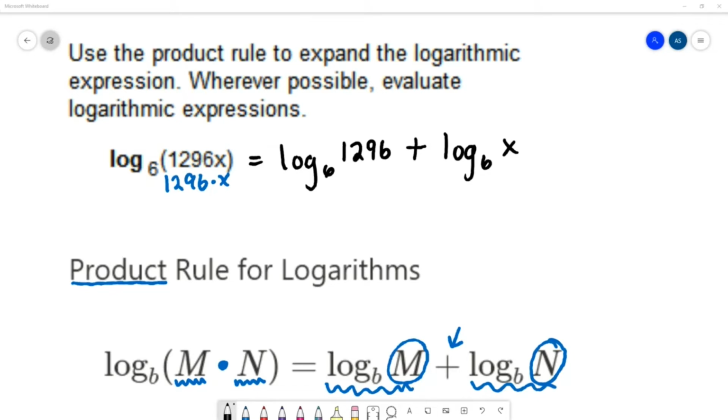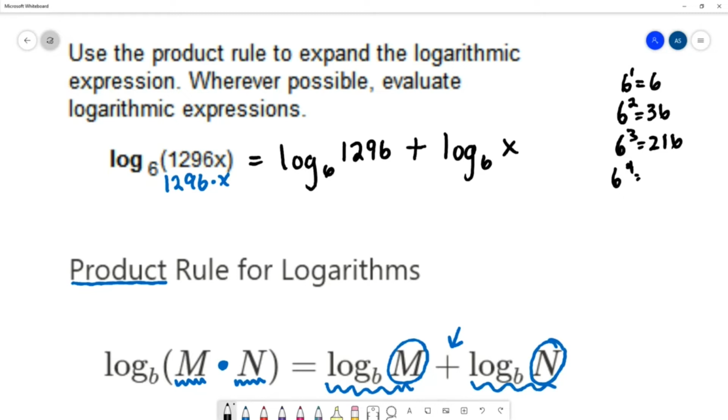So what we do is we look to our base of 6, and we want to start thinking of powers of 6. 6 to the first is 6. 6 to the second is 36. 6 to the third, that's 216. And 6 to the fourth, that I don't know off the top of my head, so I'm going to get my calculator out.